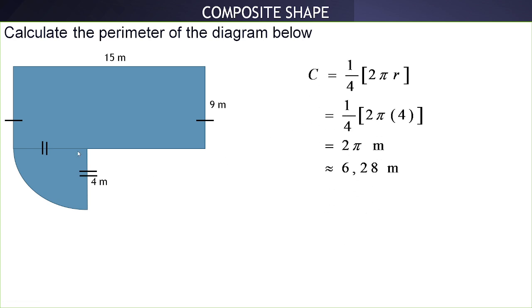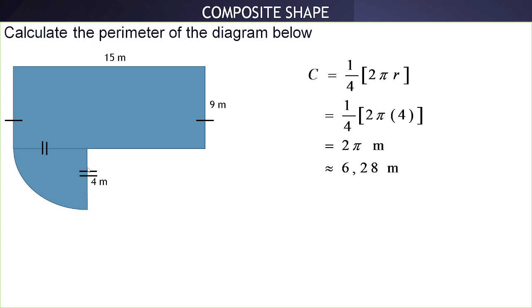Because we're dealing with a quarter of a circle, we need to find the distance that goes along the arc of the quarter of a circle. Same formula that we used in the previous examples. We know that the circumference of a full circle is given as 2 pi r, but because we're dealing with a quarter of a circle, we simply multiply the expression by a quarter. Now, what will be the radius of that quarter of a circle? The radius is already given in the diagram.